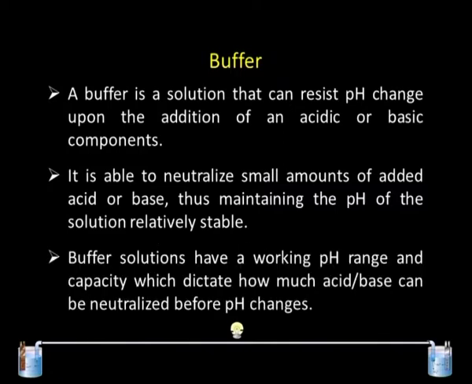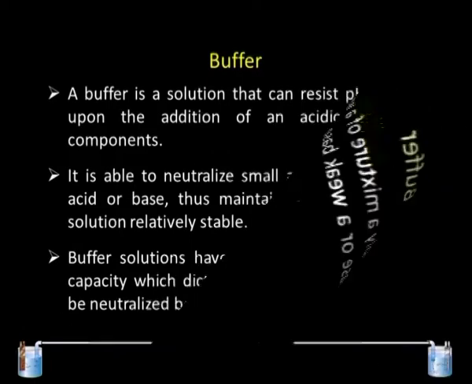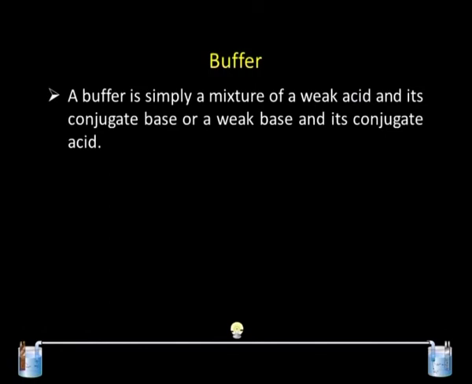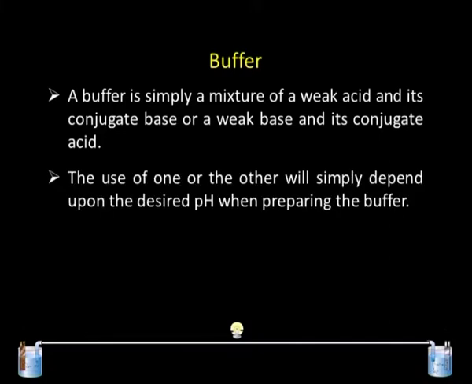Buffer solutions have a working pH range and capacity which dictate how much acid or base can be neutralized before pH changes. A buffer is simply a mixture of a weak acid and its conjugate base, or a weak base and its conjugate acid. The use of one or the other will simply depend upon the desired pH when preparing the buffer.